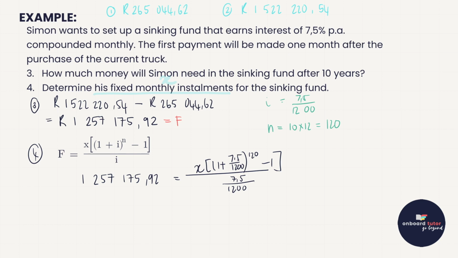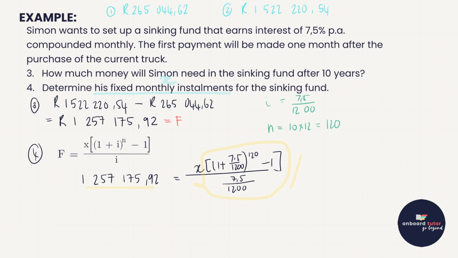Okay, so if you remember back to our video where we learned firstly about annuities, we saw that if we wanted X, the easiest thing to do would be to divide by this whole thing on this side and do the same on that side. So for the sake of space, I'm not going to write the whole division, but on our calculator we're going to type in this 1.2 million amount and we're going to divide by this amount here. Let's see what we get.